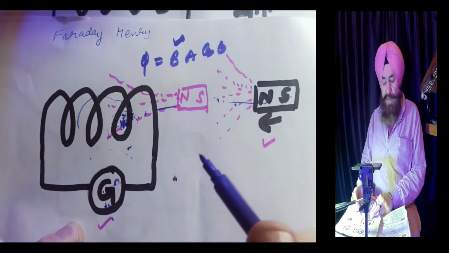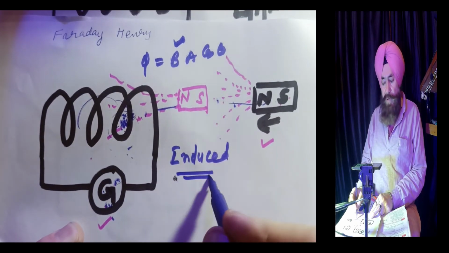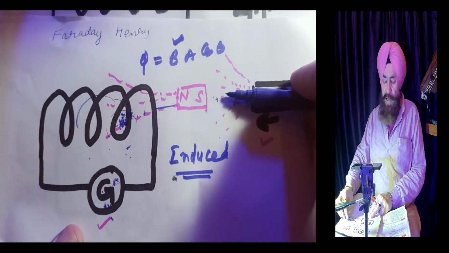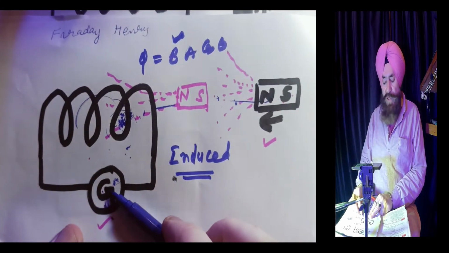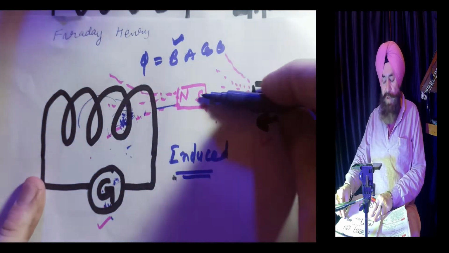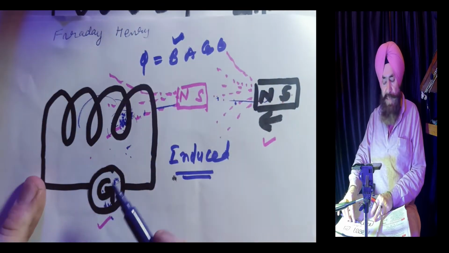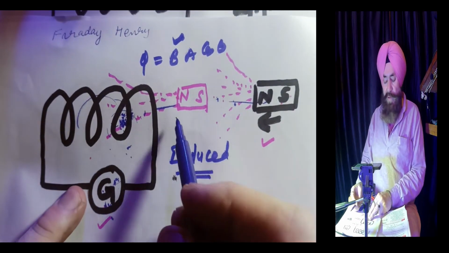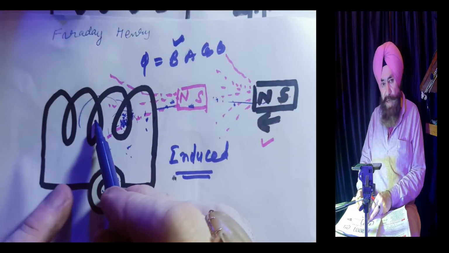And that current is called induced current. If it is moved very slowly, then there will be very small deflection in the galvanometer, meaning the current induced will be small in the coil. If you move fast, if there is a rapid change in flux, the galvanometer shows more deflection. So the result is, changing magnetic flux induces the current.